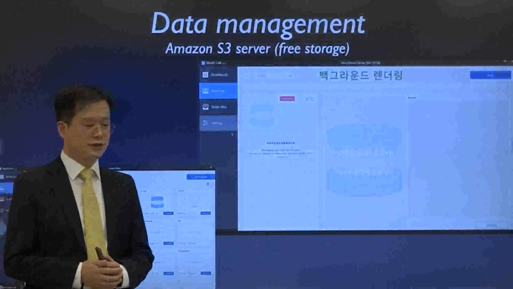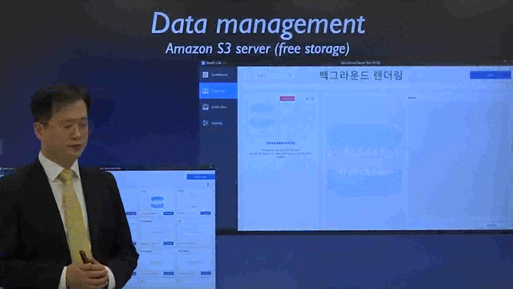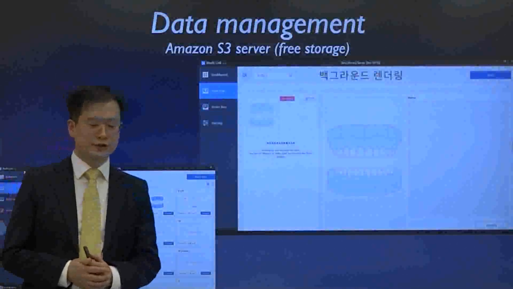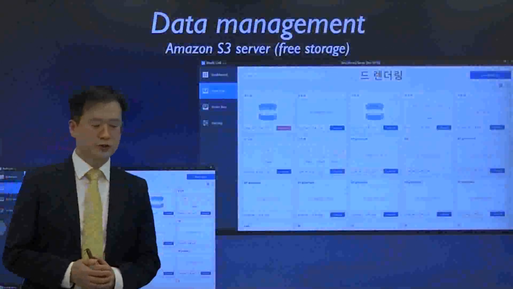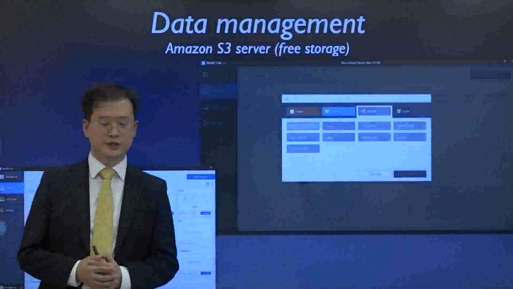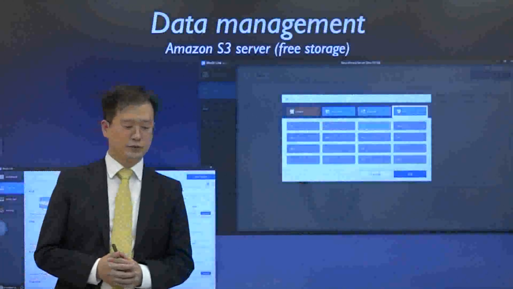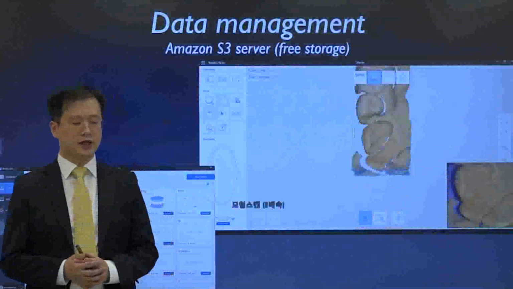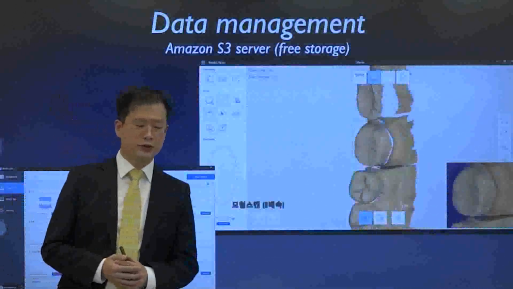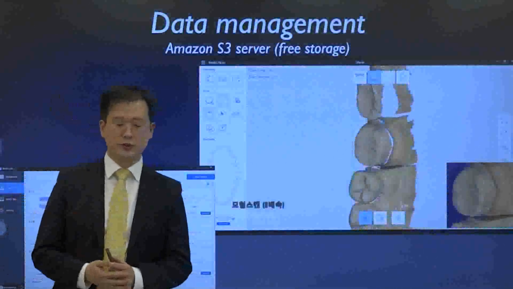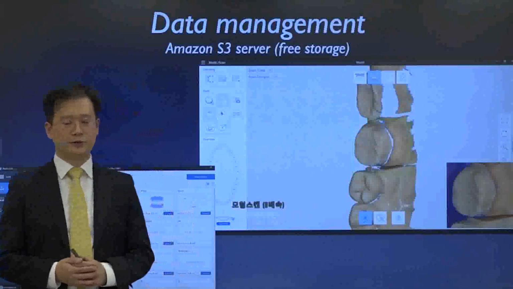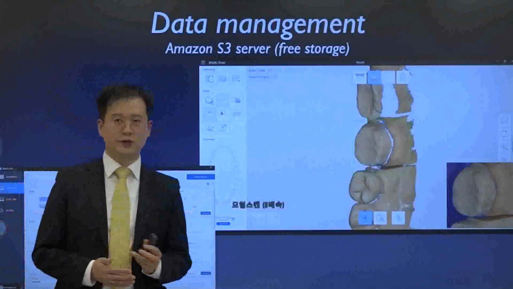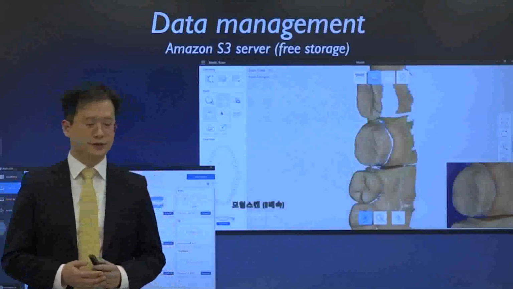It varies depending on the scanner system. However, in a system whose data goes up to the cloud after scanning, we can access the data anytime and anywhere, no matter where the equipment is. It's beneficial for communication between dentists and technicians.